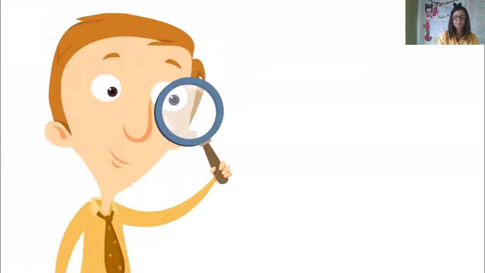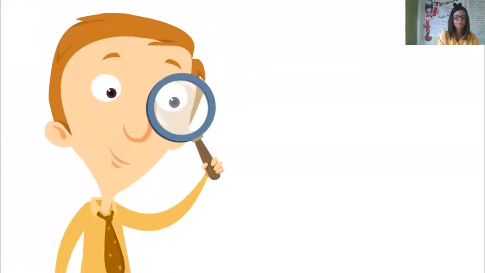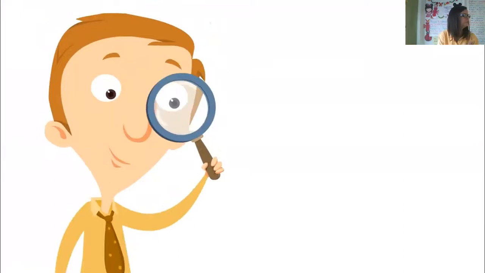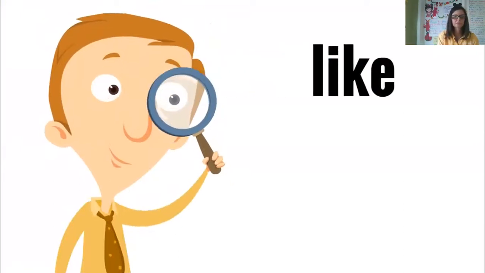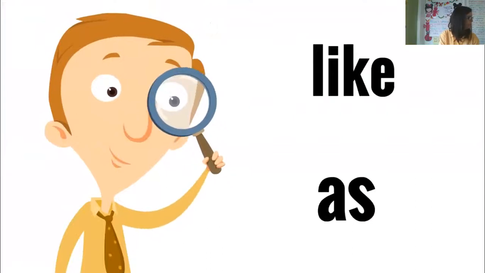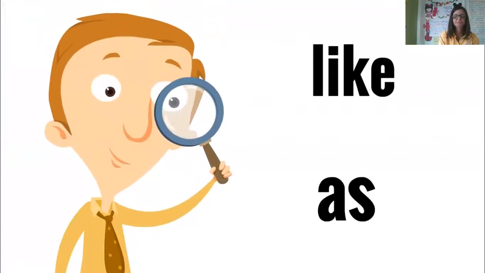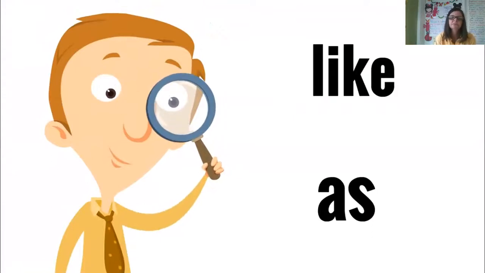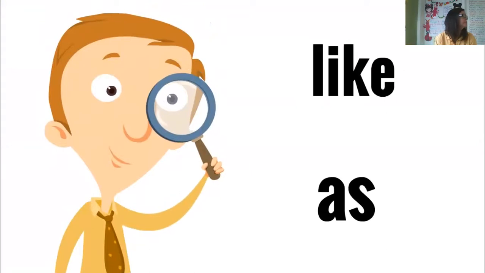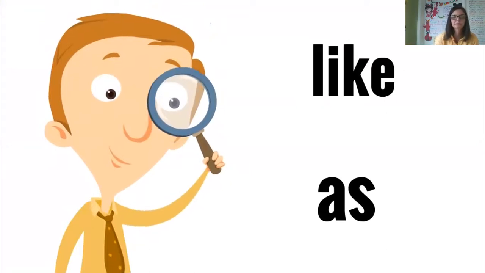Similes are easy to spot. A simile is a comparison and you're looking for one of two words. You're hunting for the word like or as. If the comparison uses either of these words, you know it's a simile. And what's cool is now you can use the word like or the word as in your comparisons to make your very own similes. Isn't that awesome?